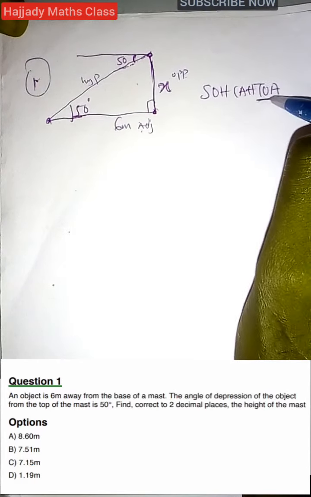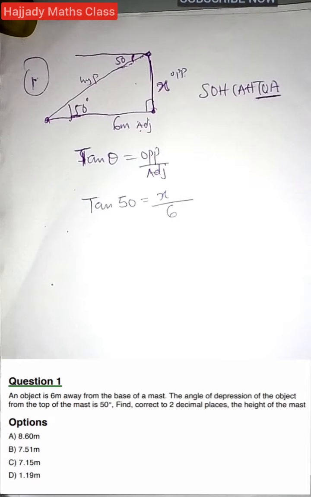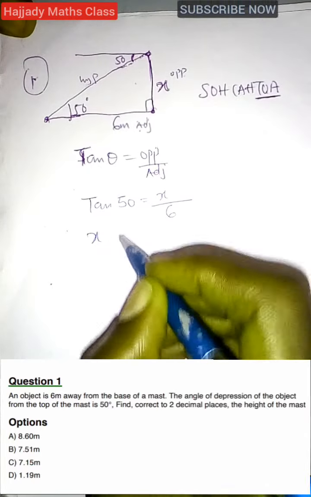The angle theta is 50, the opposite is x, over the adjacent, which is 6. With this, you can cross multiply to get the value of x.